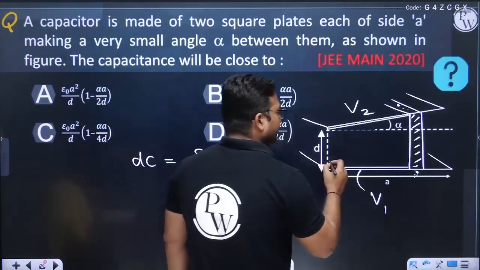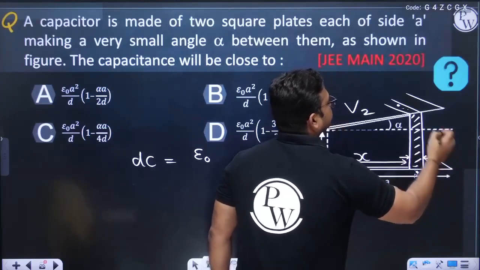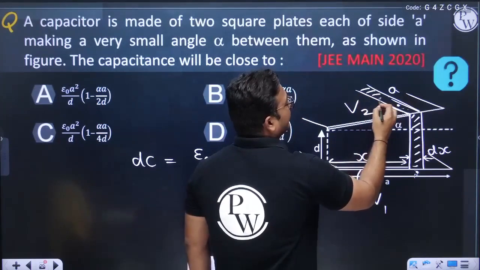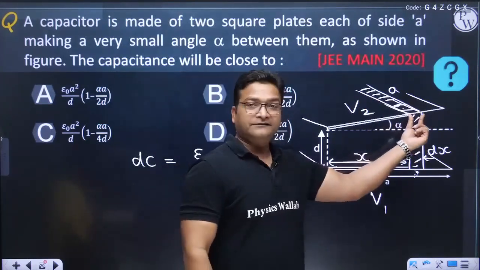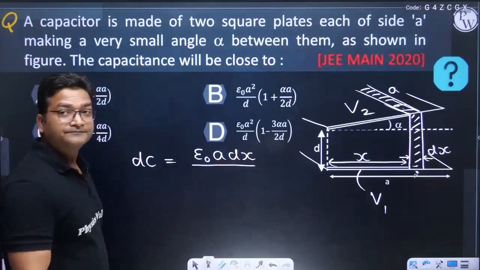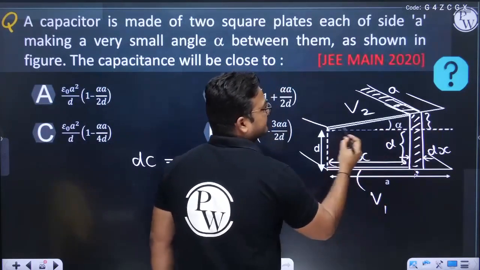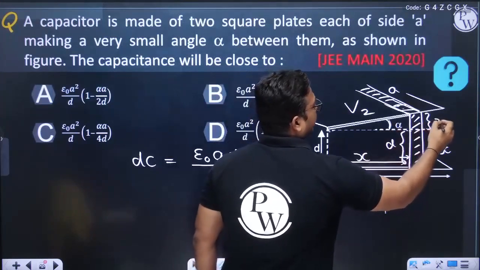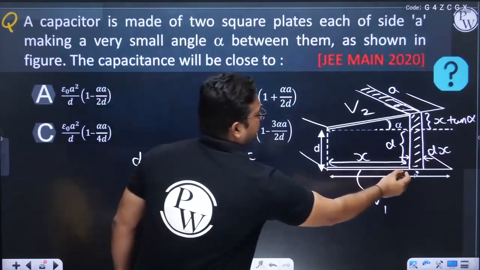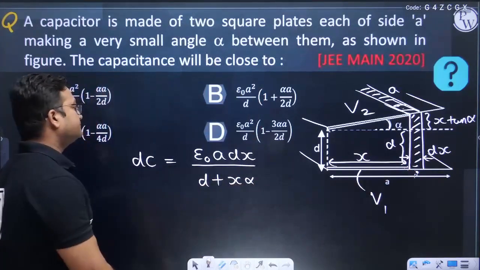If this length is assumed to be x, I'll take this width to be dx, and since the depth is a, the area of this plate would be a times dx, divided by the thickness. This thickness is d, and at distance x it would be x tan alpha, but alpha is very small, so the thickness would be d plus x alpha.